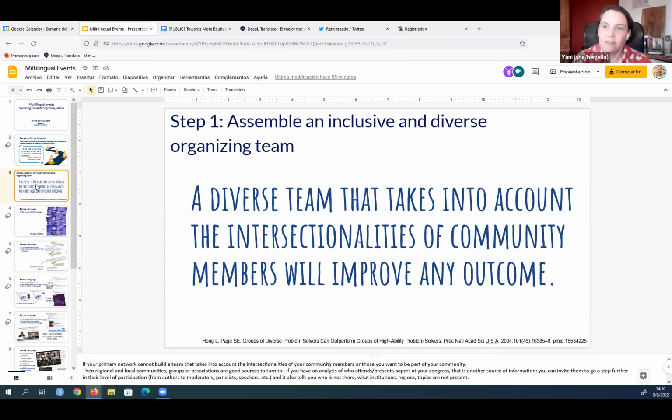So you need to listen to the people you want to be part of your conference, your event, or your community. You need to have them on the team and making decisions. You have to give them power.